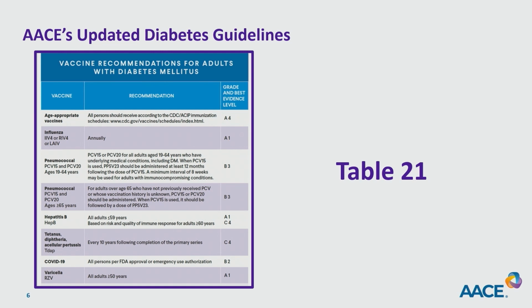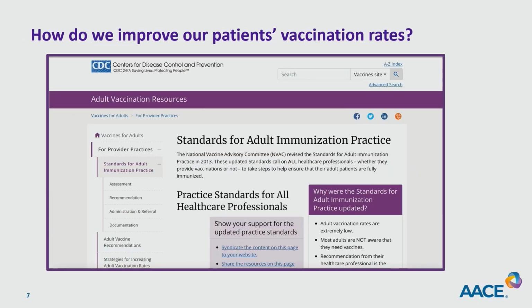For example, COVID-19. And so we need to stay up to date. At the time of publication, these recommendations are current, but make sure to reference the CDC's website if there's any question about updates on these various vaccinations. Now, we've talked about the importance of vaccination, why we need to vaccinate our patients.